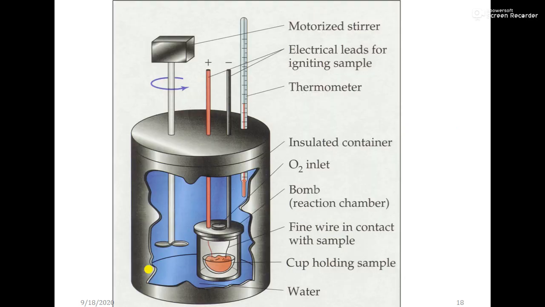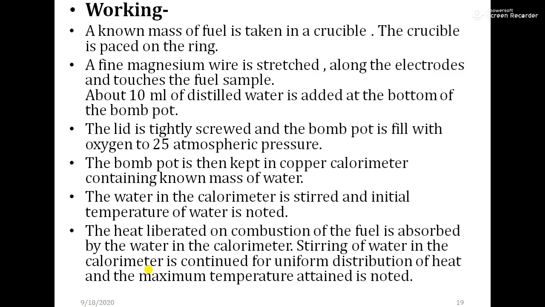So this is the construction of the bomb calorimeter. Then the working of the bomb calorimeter. You can see, first a known mass of fuel is taken in a crucible. The crucible is placed on the ring. A fine magnesium wire is stretched along the electrodes and touches the fuel sample.